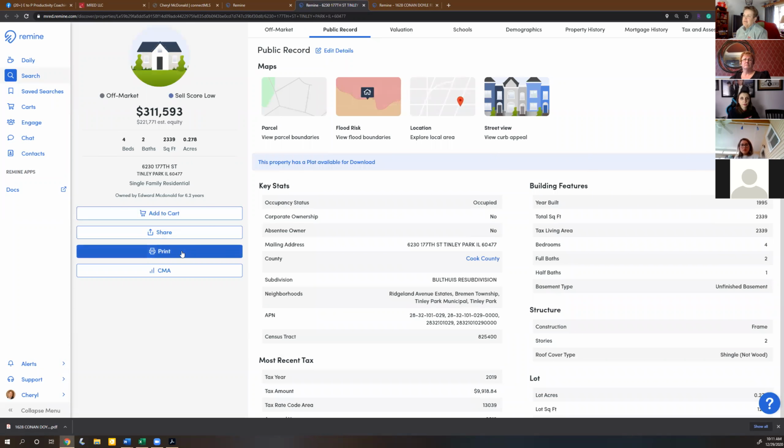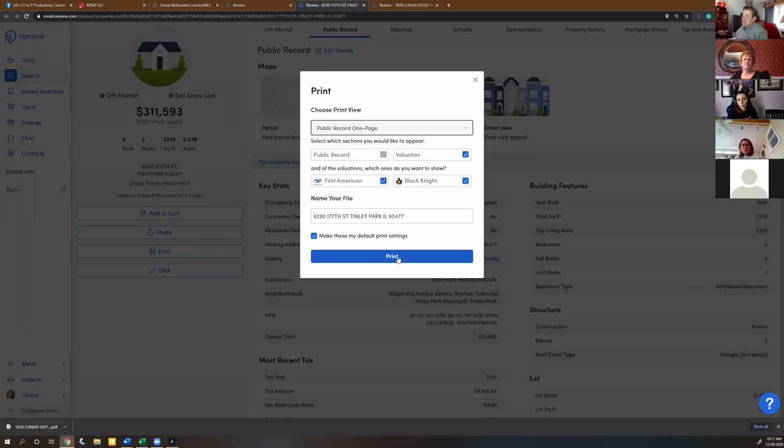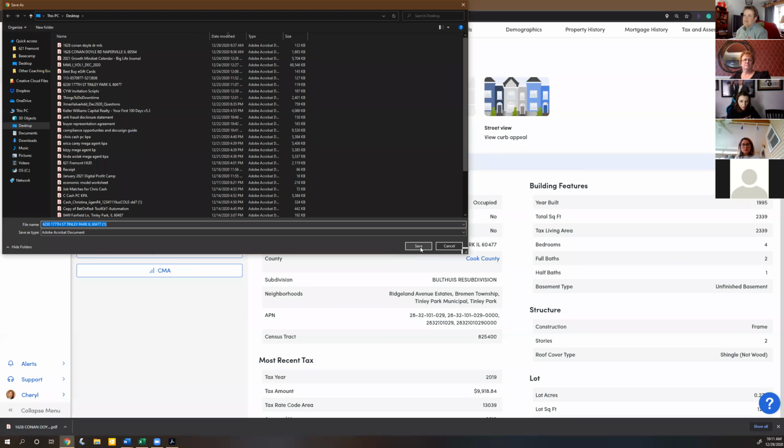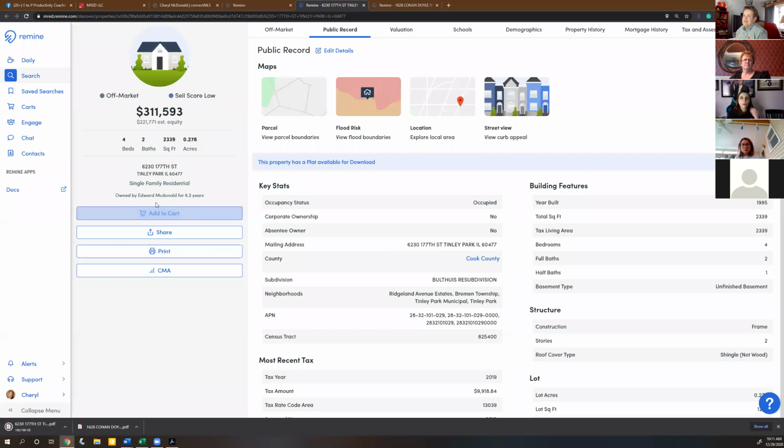I'm going to download this so that I have the information and can refer back to it anytime I want to. Now, here's the interesting thing. It says that it's been owned by Edward McDonald for 6.2 years. We've lived here for 16 years. So one of the questions that you may want to ask your sellers is, how long have you owned the property?